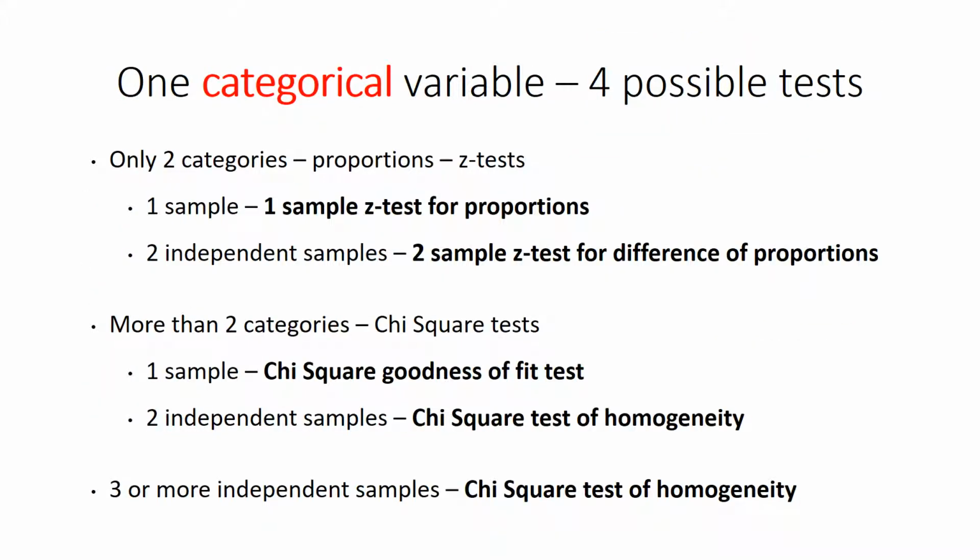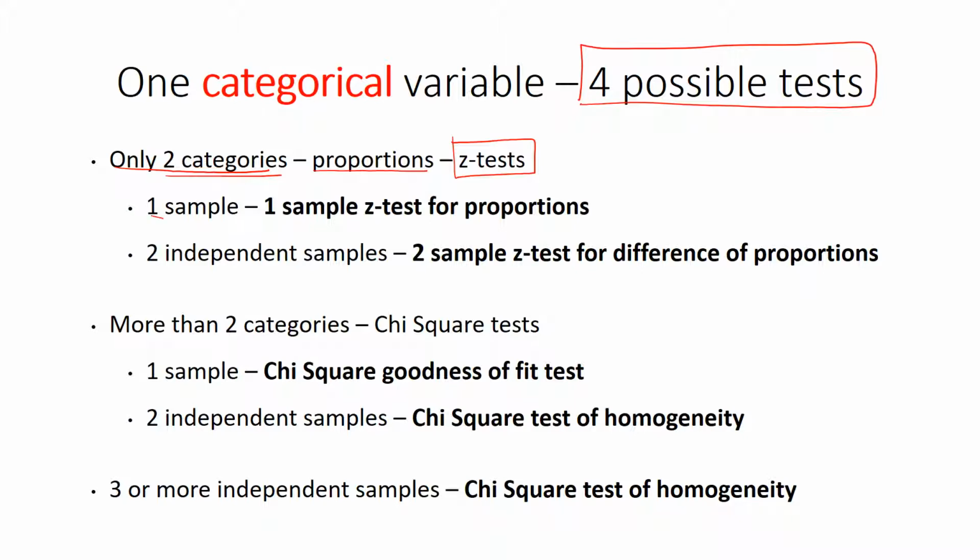If our single variable is a categorical variable, now we have 4 possible tests. We're going to look more closely at the number of categories and the number of samples. If we have only 2 categories, that is, we have a success or a failure, the M&M is either yellow or it is not yellow, in those cases, we're dealing with proportions, and they are always z-tests.